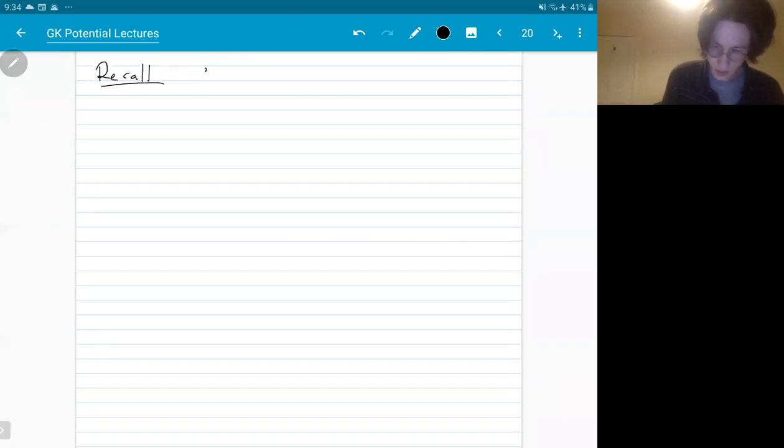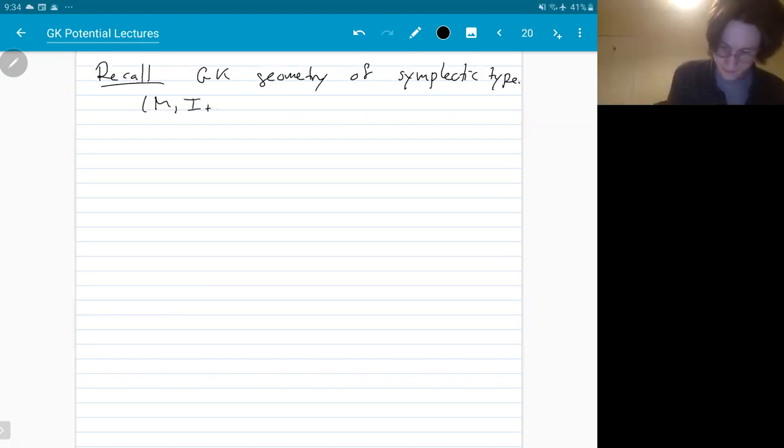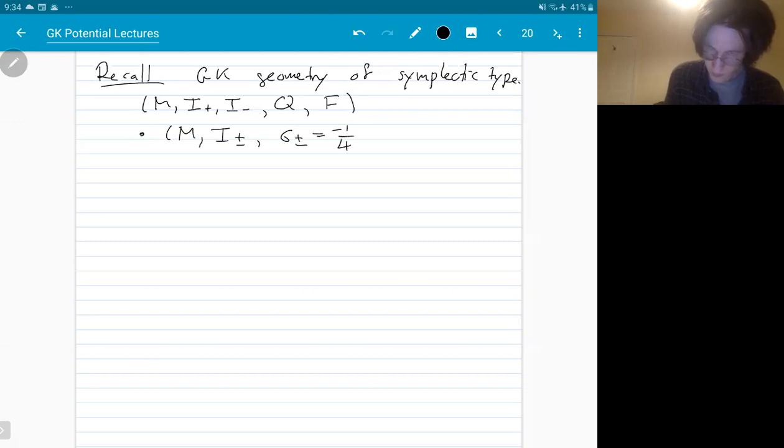So let's recall what a GK geometry of symplectic type is. So this consists of a manifold, two complex structures, a Poisson structure Q and a two-form F. So here we can kind of package everything together the following way.